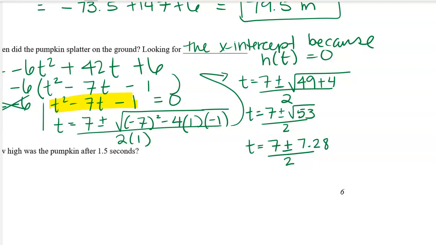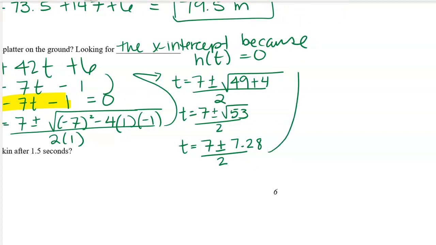Perfect. Okay, now let's go further. Now that we know how to find those, we have 2 equations. The first one is a plus, so 7 plus 7.28 divided by 2, because there's a plus or minus. The second is going to be 7 minus 7.28 divided by 2.